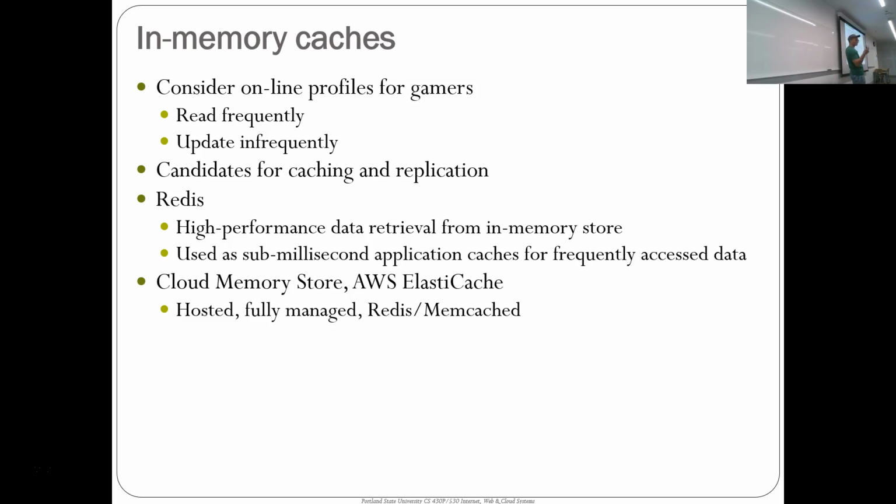Because memory accesses are fast. They're expensive, but they're fast. But if you have a cluster of a dozen machines and you're using all of their memories to store some of this stuff for fast lookup, that can give you an acceleration for your application. So these are application accelerators typically, these in-memory data stores. So Cloud Memory Store and AWS Elasticache, these are hosted versions of Redis and Memcached for speeding up lookups in the cloud.